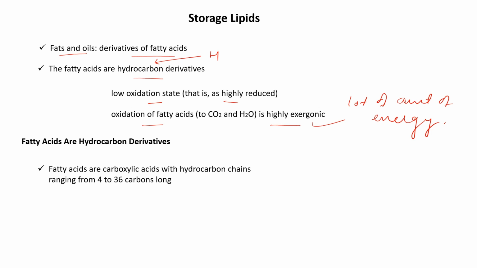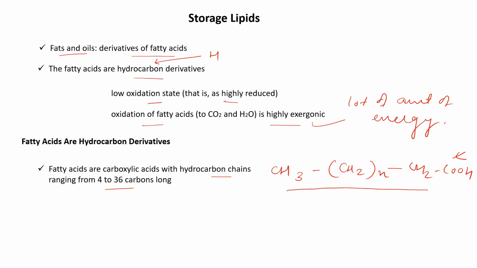These are carboxylic acids with hydrocarbon chains ranging from 4 to 36 carbons long. So this is an example of a fatty acid having a carboxyl terminal and a long hydrocarbon chain which ranges from 4 to 36 carbons long.